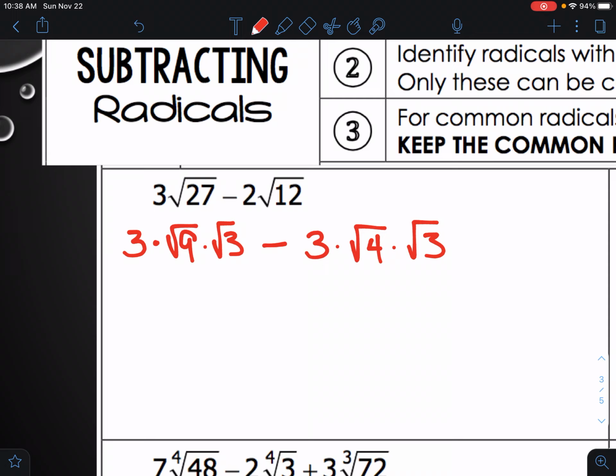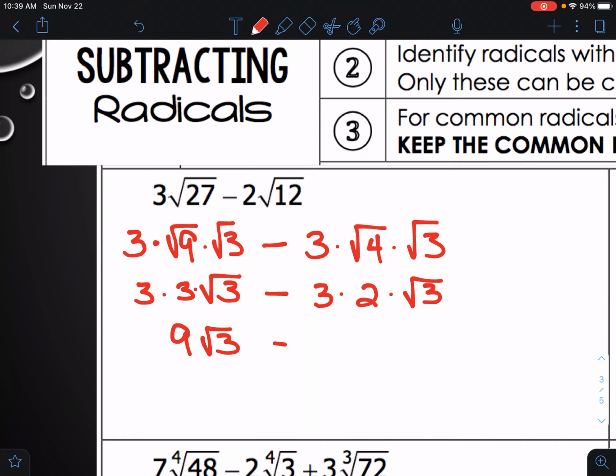Okay, now you're going to simplify this further. 3 times 3, square root of 9 is 3, and then times root 3. And then this would be 3 times, this is 2. So this is 9 root 3 minus 6 root 3.